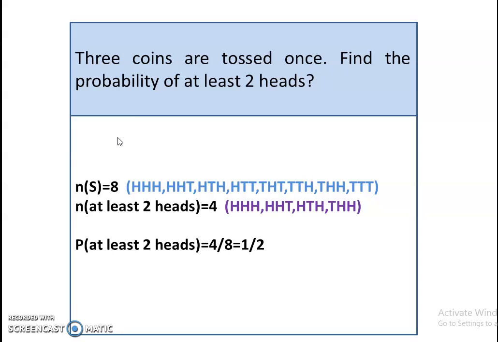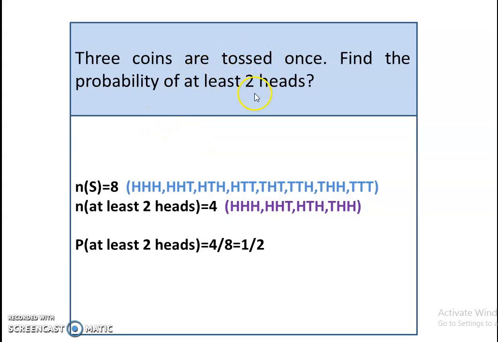As we already discussed in permutation how to calculate the number of arrangements, here the number of sample space will be 2 to the power 3 and that is 8. And here you can see the sample space. We can have triple heads or we can have HHT, we can have HTH and so on, right? So we can have 8 possible outcomes.